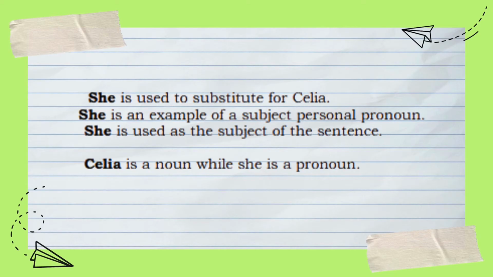Alright. Now, she is used to substitute for Celia. She is an example of a subject personal pronoun. She is used as the subject of the sentence. Celia is a noun while she is a pronoun. So we can use she to substitute for the name Celia.